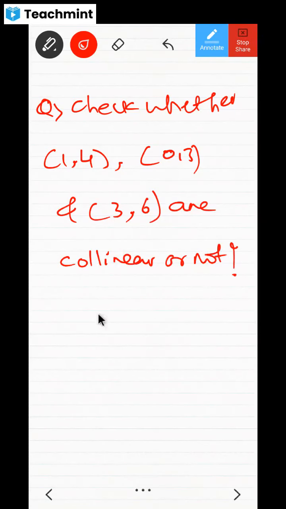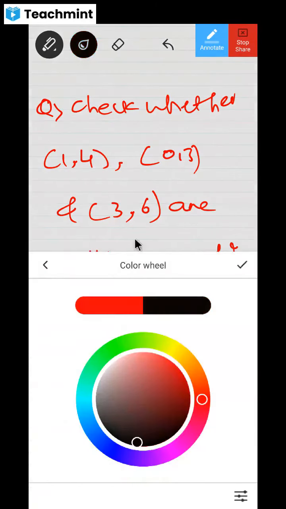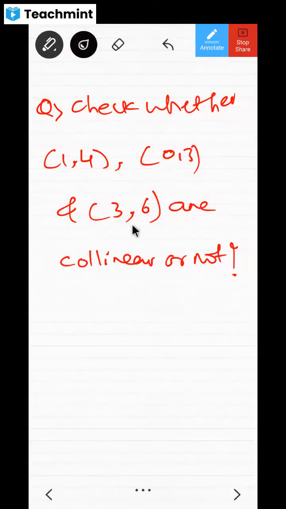You are supposed to check whether these points are collinear or not. First of all, consider these points as forming a triangle. Call this one x1, y1, this one x2, y2, and this one x3, y3, and find that area. If that area comes to be 0, those points are collinear. If anything other than 0 is coming, you have to say the points are non-collinear. Correct?